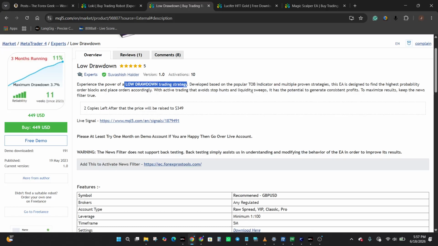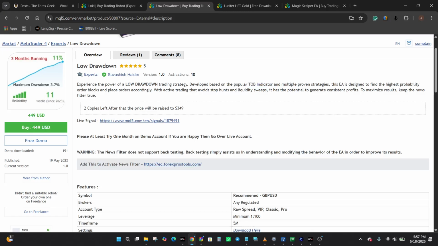As I go through the description, the developer explains that the EA is based on the popular TOB indicator along with multiple proven strategies.